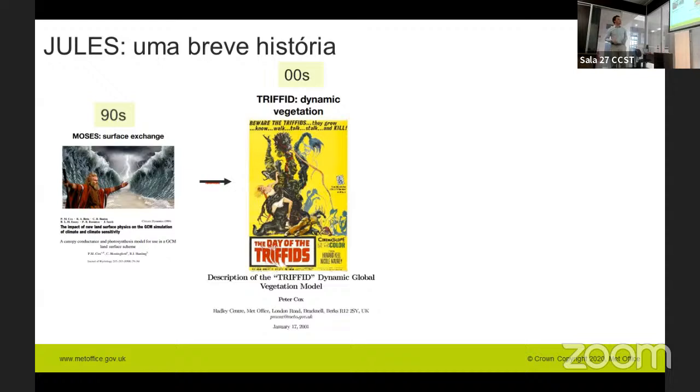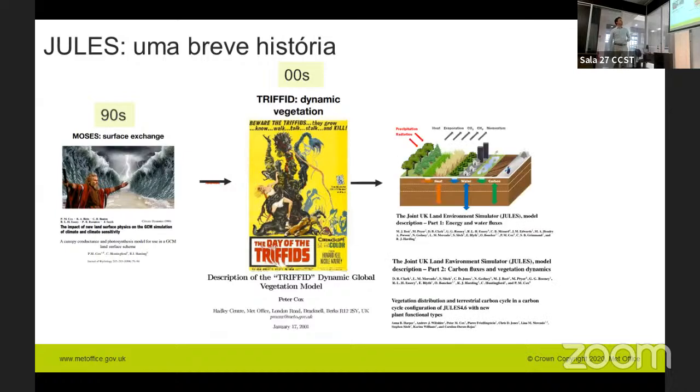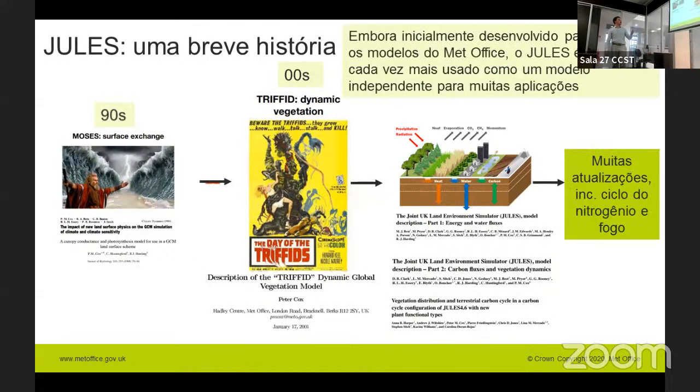But if you don't know, triffids in the sci-fi world start moving, eating people. And in the 2010s, along comes JULES, and you have these two series of modeling papers. There's much more development since then, such as fire and nutrients.